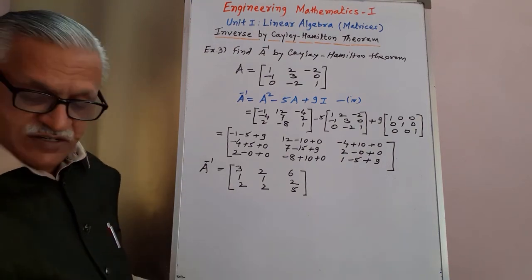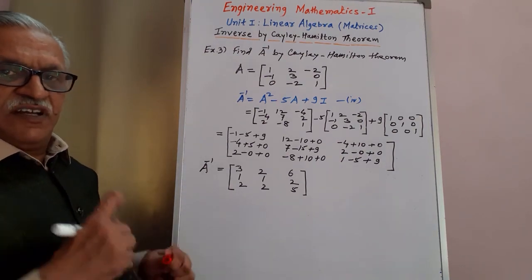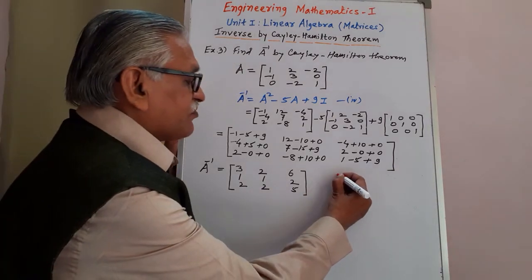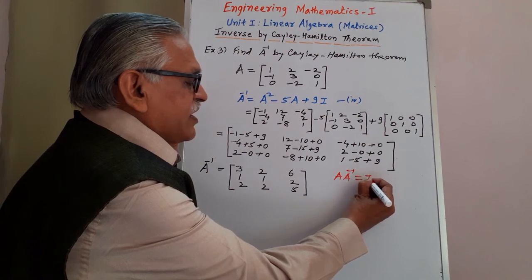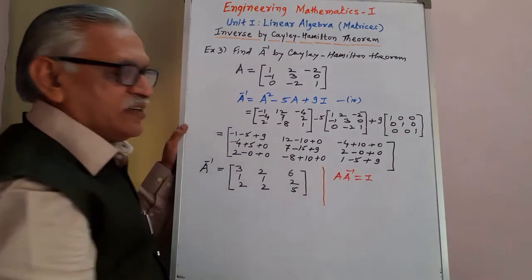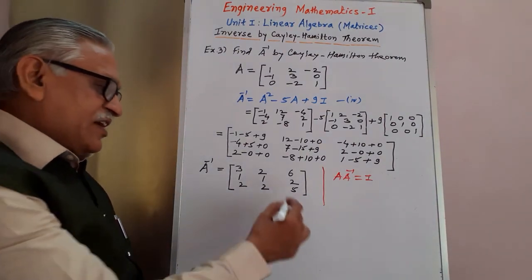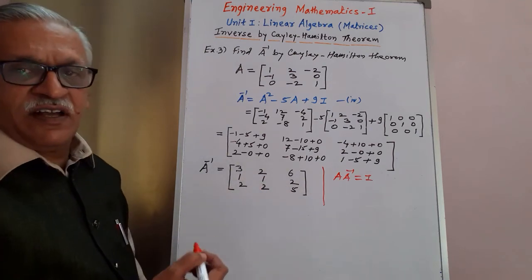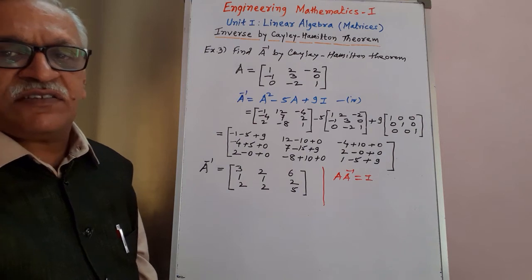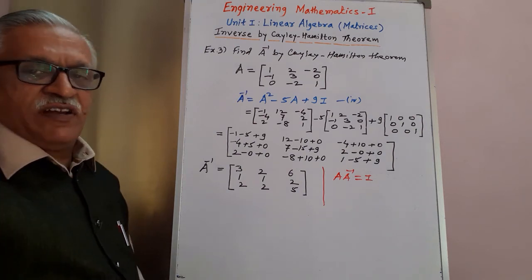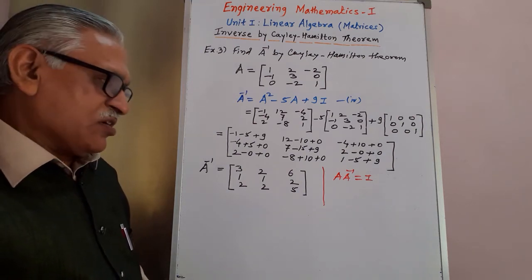Then cross check here also. If the product of A into A inverse we get as identity matrix, then whatever the answer obtained by us is the correct one. If we are not able to get the product as identity matrix, it means somewhere a mistake has occurred.